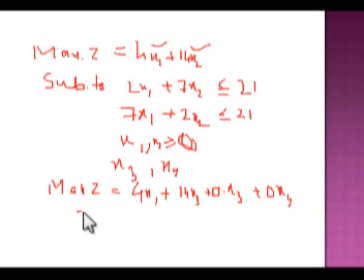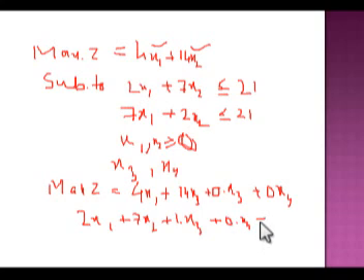So this will be 2x1 plus 7x2 plus x3. The coefficient of x3 will be 1, and here just one slack variable is used, the other is 0, equal to 21.